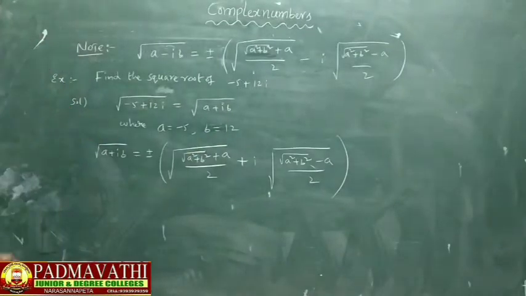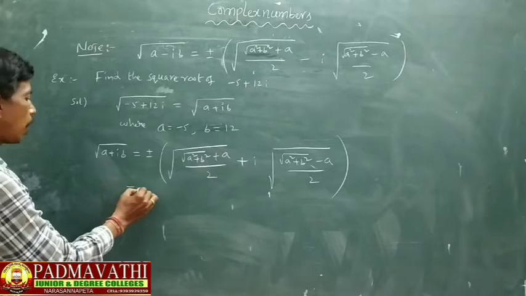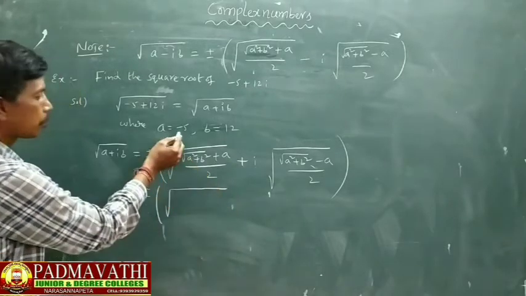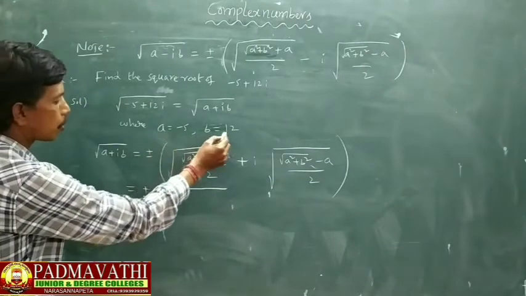It is the formula for the square root of a complex number. So that is equal to the square root of... substituting the values a equals minus 5 and b equals 12.